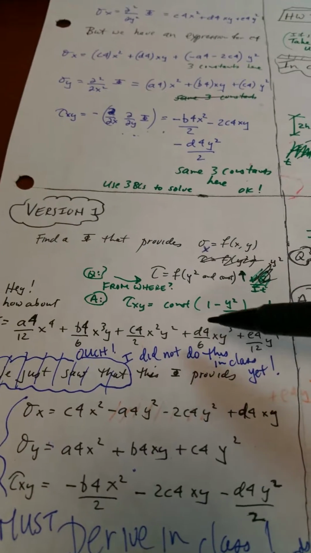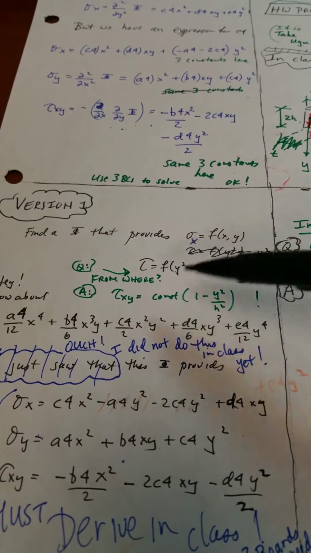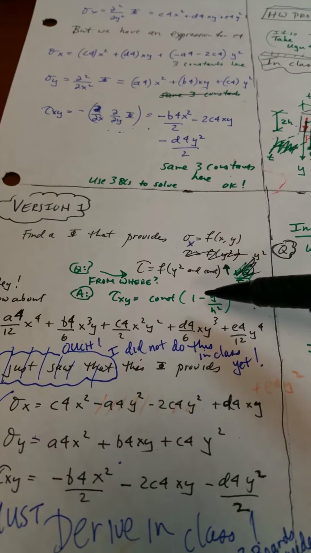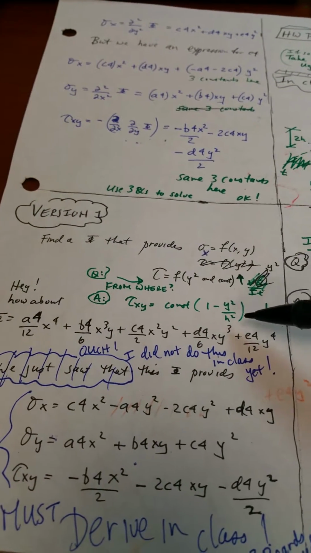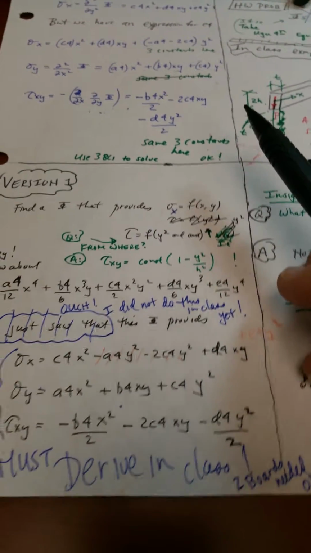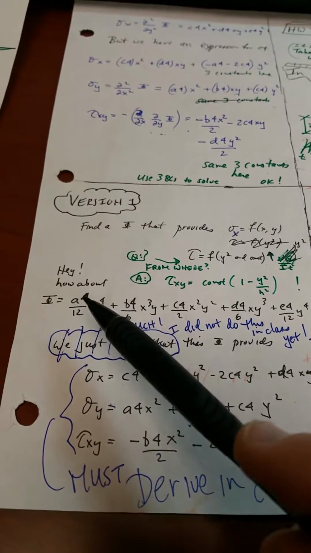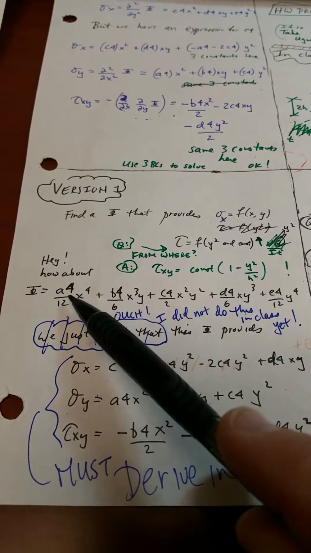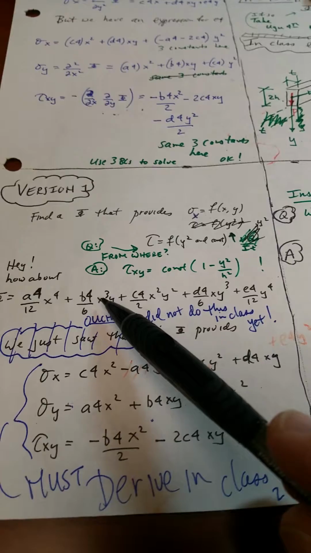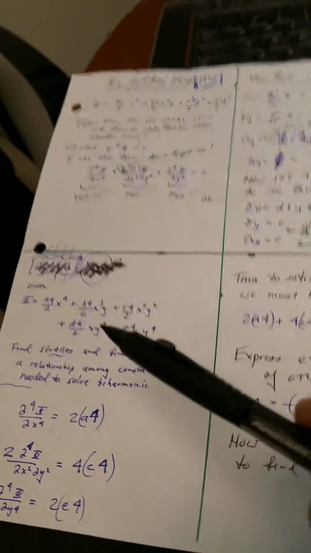And the answer is, after you unpause the button, that we actually worked on this expression before, and we derived it here. So we're targeting a tau that has a y squared and a constant. So hey, how about a4 over 12 x to the fourth, b4 over 6 x cubed? We just saw that, right? We just explored that one.